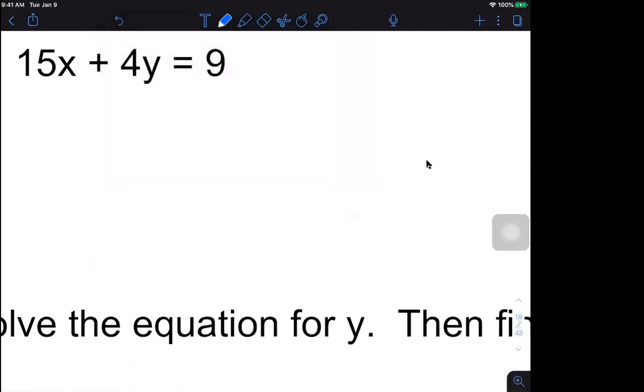Would you subtract 4? Not 4. Remember, you want to do PEMDAS backwards. 4 is multiplication, so we want to look away from that and look at the addition or subtraction. So 15? Perfect. So you want to subtract 15x from both sides.